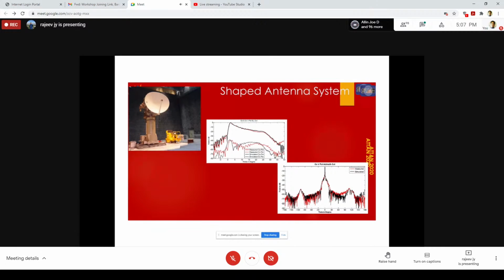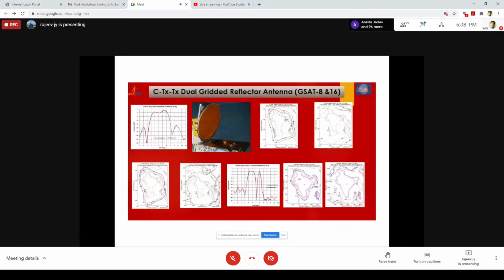So this was by shaping the reflector, and this is the way we are testing in our antenna test range, where in the anechoic chamber we do the measurements. And then this is another very good example, the center one, which you are seeing here.